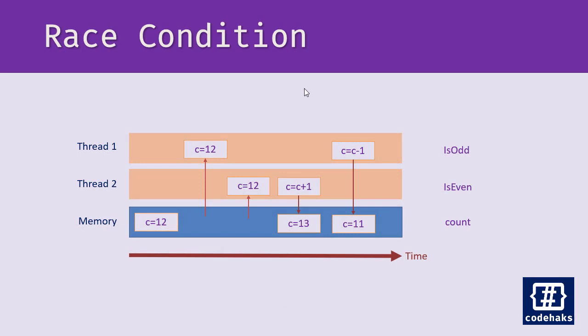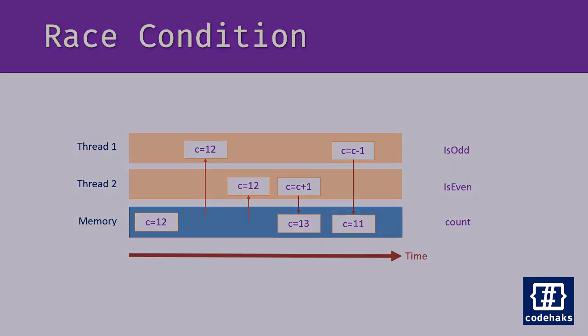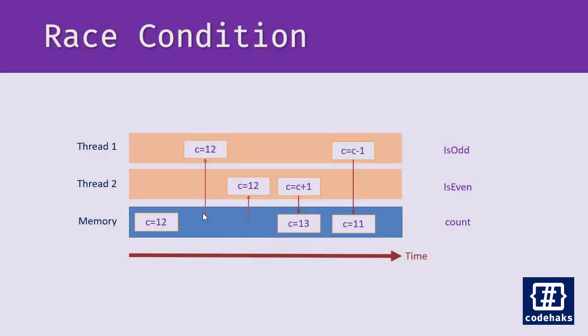So this diagram could help to understand race condition better. We have two threads and a shared memory, which in our application is the is odd, is even, and count. And I'm showing count in this diagram with C because it's shorter and easier to read. So at one point in time in our application, when thread 2 reads the shared memory, the value of count is 12.